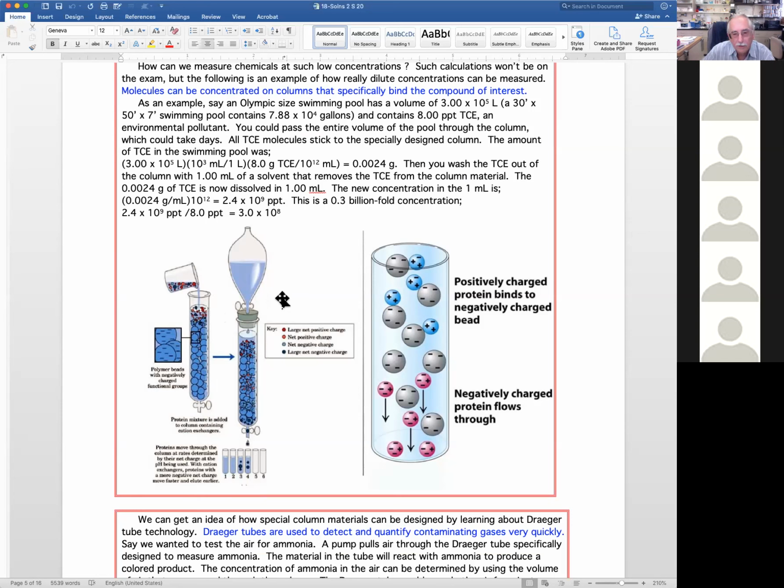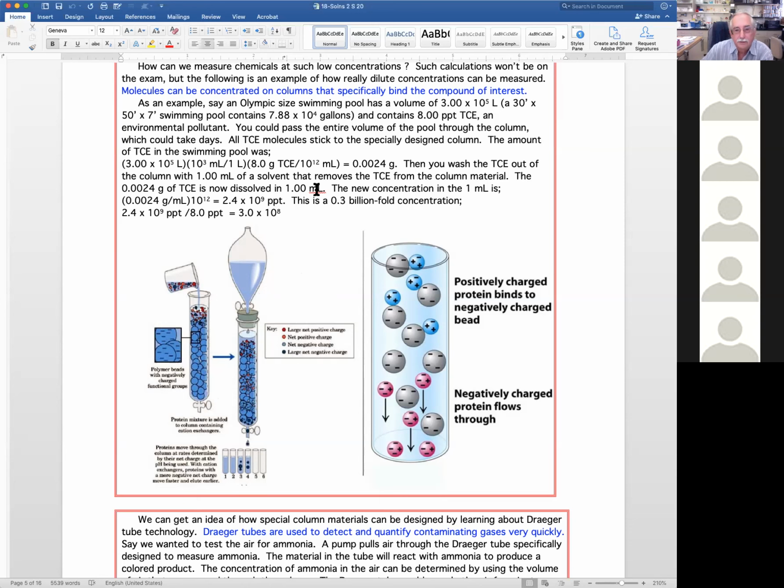Some people say, oh yeah, you purified the water. Yeah, we did. And then I can change the pH, I can change how much salt is in it, I can change whatever to make that TCE come out of the column in a very concentrated form.